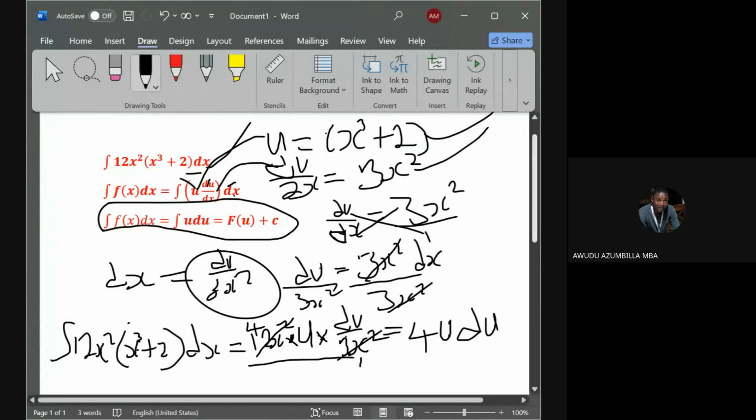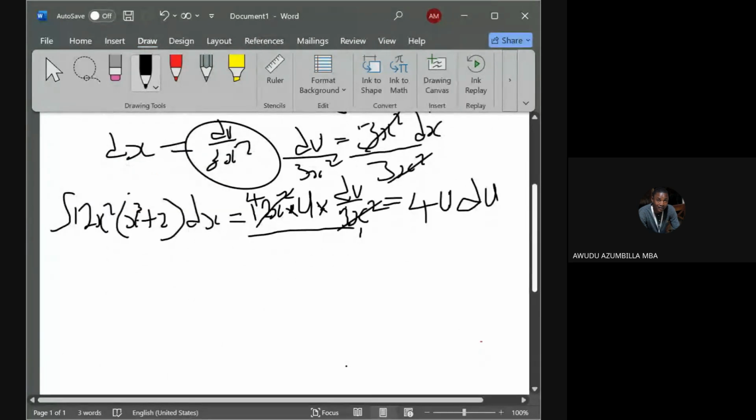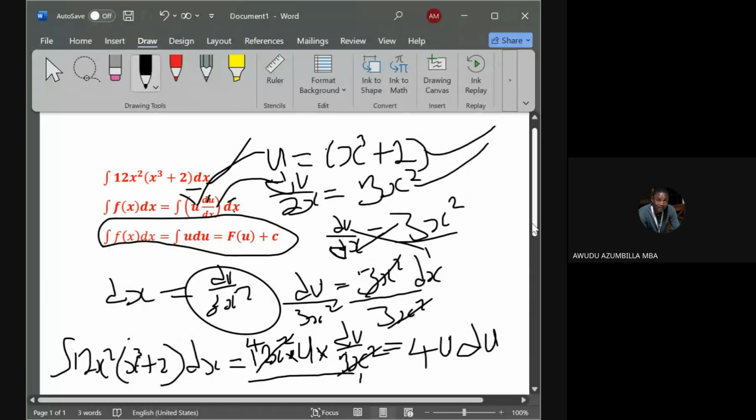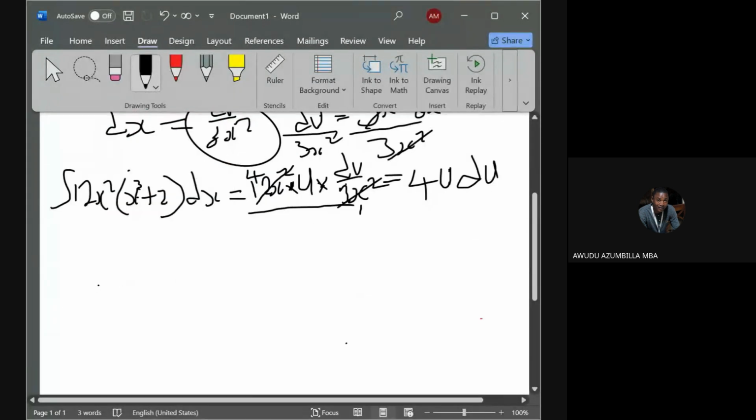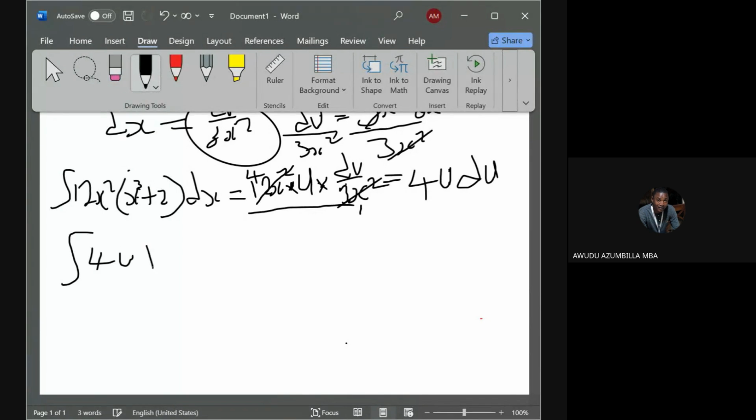Now we have this. Let me rewrite it nicely, then you see what we are trying to find out here. We are going to take the integral of this. So it's going to give us the integral of 4u du. But if you are doing the integral, this is a constant.